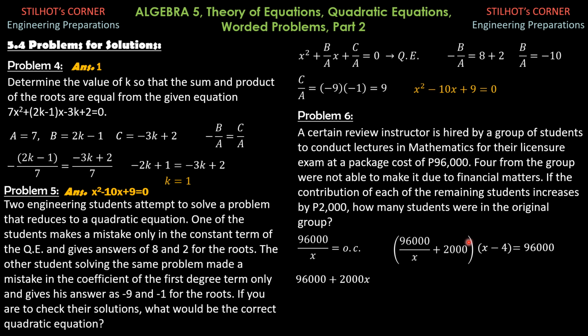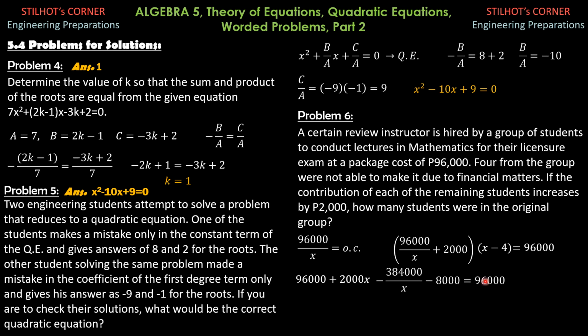Negative 4 times 96,000 over x is negative 384,000 over x. Then negative 4 times 2,000 is negative 8,000. So minus 384,000 over x minus 8,000 equals 96,000. So we can cancel out 96,000 on the right side of the equation.